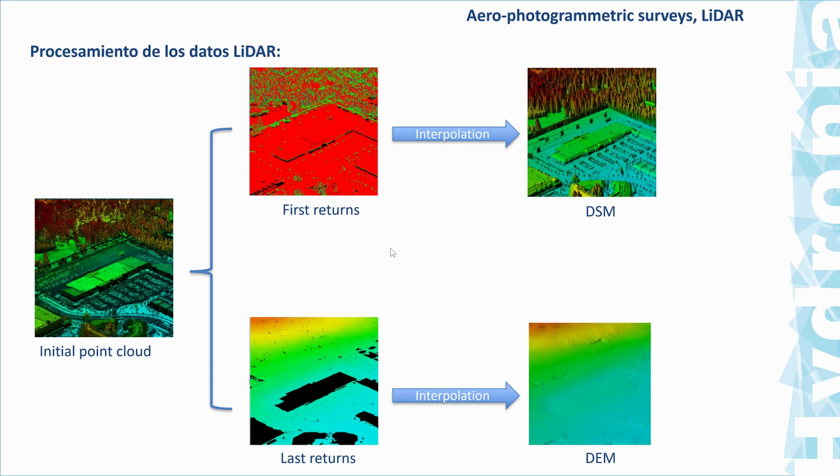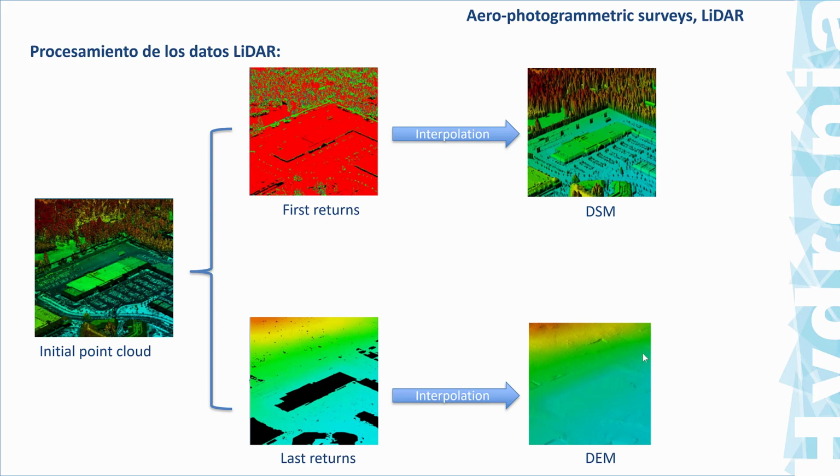Now, of course, all of these things need to be post-processed. Once you get the basic data, you need to process it until you get your final product, that is a digital elevation model or a digital surface model. If you have an initial point cloud obtained by a LiDAR, then you get raw data that indicates very basic information about the laser beams or laser shots that were processed. And then you have to interpolate that information in order to get either a digital surface model or a digital elevation model.